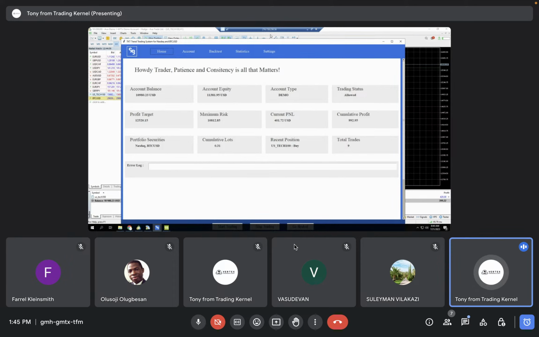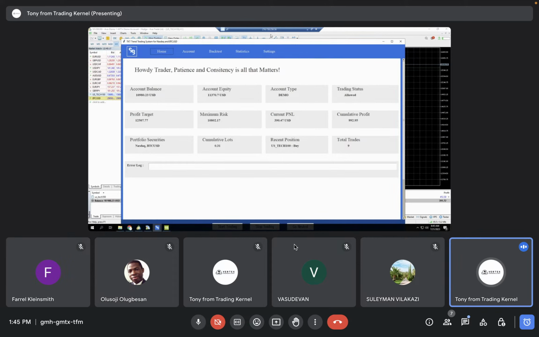The trading strategy behind this system is pretty simple. Like I said, some of the best trading strategies are the easiest trading strategies. This strategy uses two moving averages and the force index.